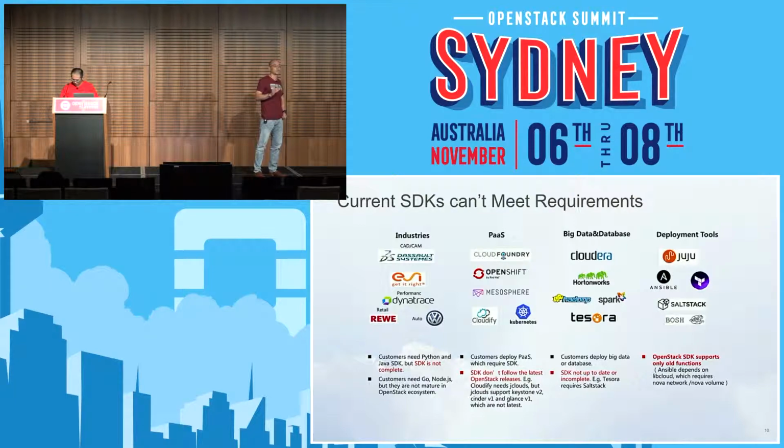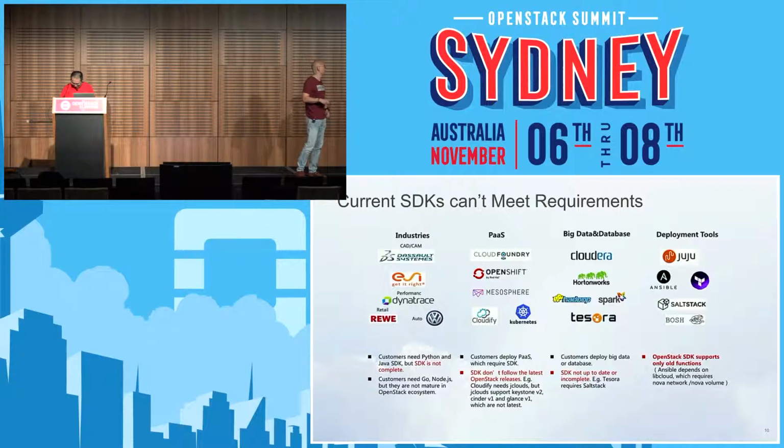Huawei provides public cloud and private cloud, and this is an example from Deutsche Telekom's Open Telekom Cloud, which is a public cloud. When we migrate some customers from their private cloud to public cloud, or create new customers on the public cloud, we found some issues. For example, the Java SDK is not complete. Another is that the SDK is not up to date.